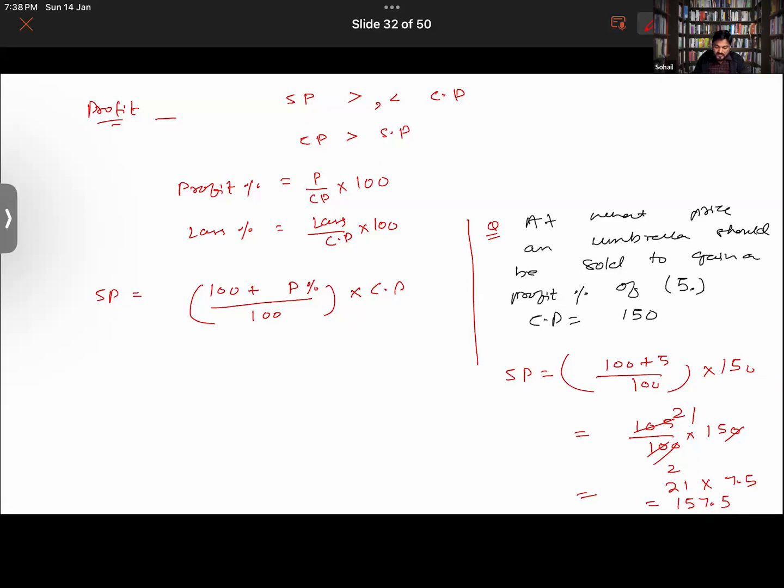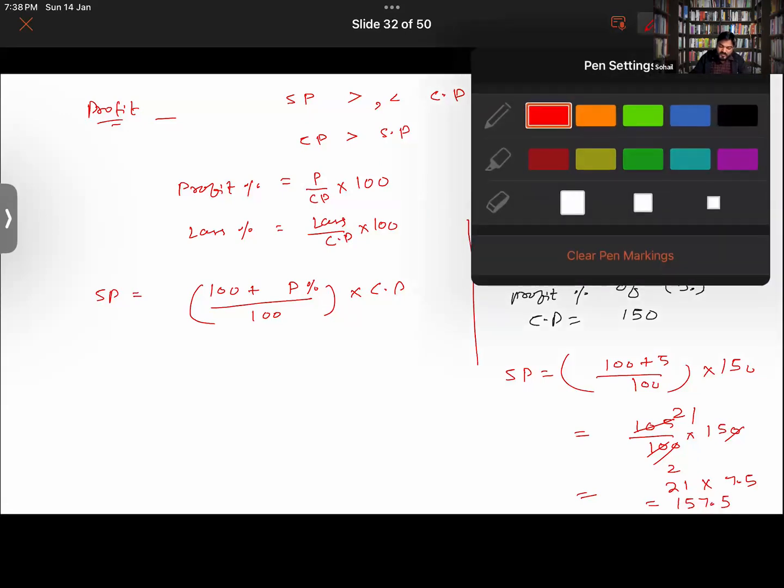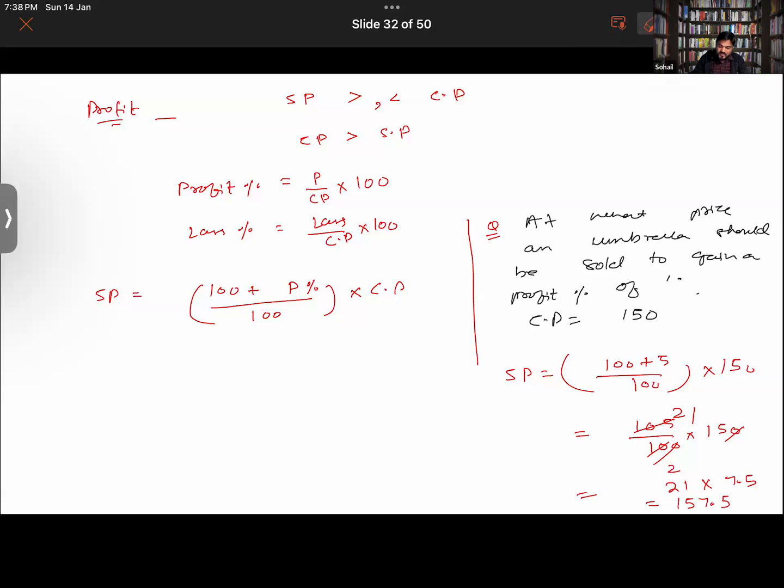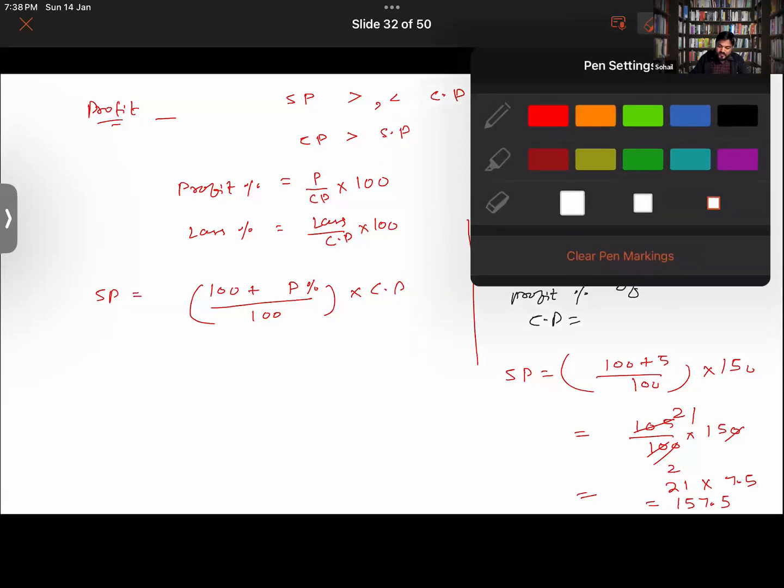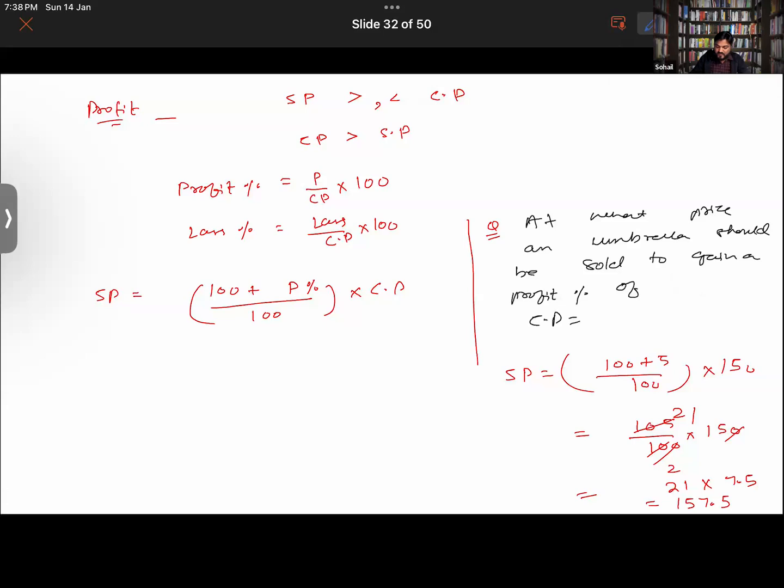Okay, do one more question. Same question, I'm just changing the values over here. So suppose you have to make a profit of 12% now, and the cost price of the given umbrella is, let's say, 170. Find this one now.